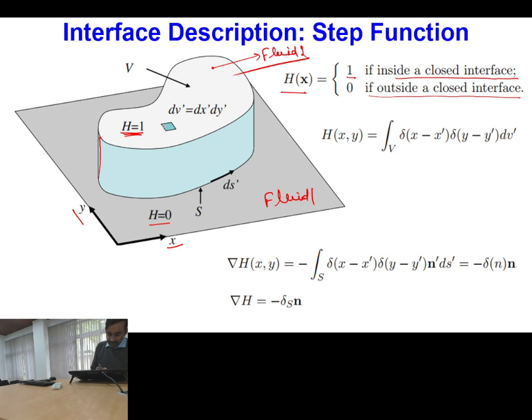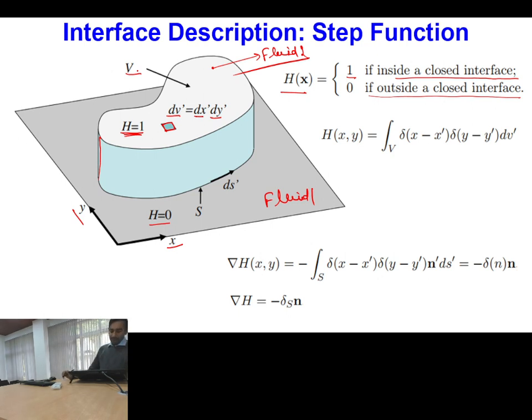Now if I have any small element inside the curve whose volume is dv dash, such that its coordinates are dx dash and dy dash. Because in the third direction we are not taking anything, so the third direction is nothing but unity. So its volume will be dx dash into dy dash, and the total volume of this entire contour is V. Up to this point, is it clear?